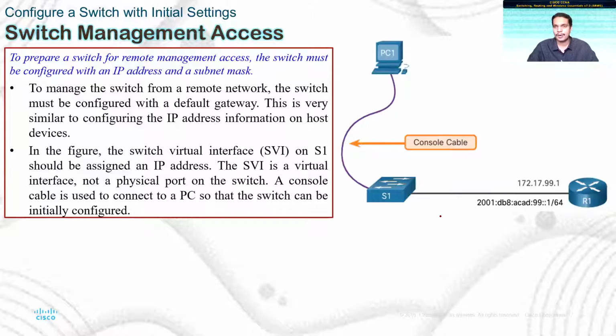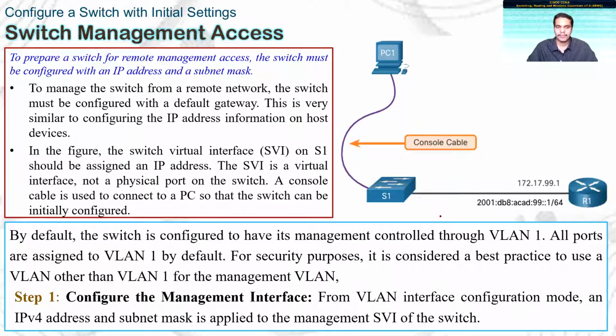Now, we studied providing remote access to a switch in our first course, the ITN course. Once again, in order to remotely access a switch, the SVI has to be set up, the switch virtual interface. There are a couple of steps which need to be taken. The first step is to configure the management interface.